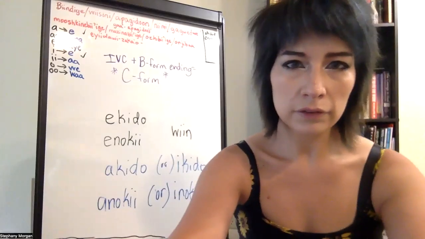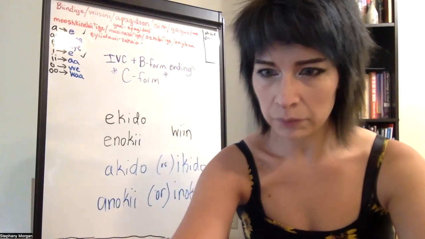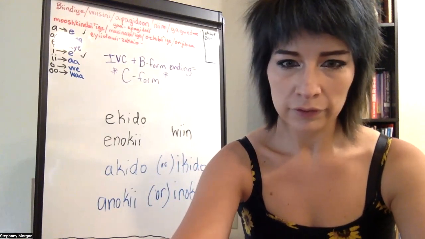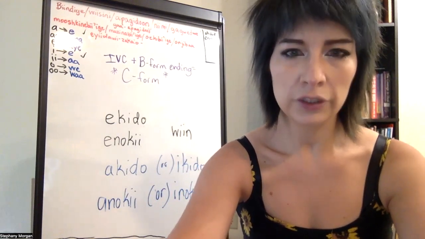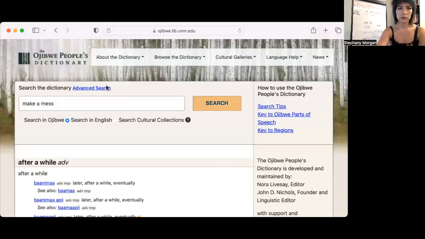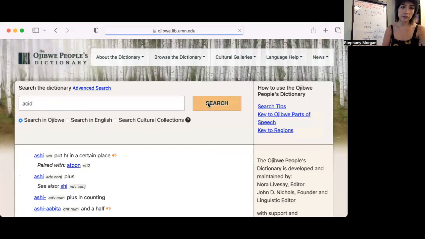This is how you figure out words that you might not know. So let's see, share screen over here, share. I'm going to search in English and I'm going to put in akido. A kido. And I'll search. You can also search through your paper dictionaries too.